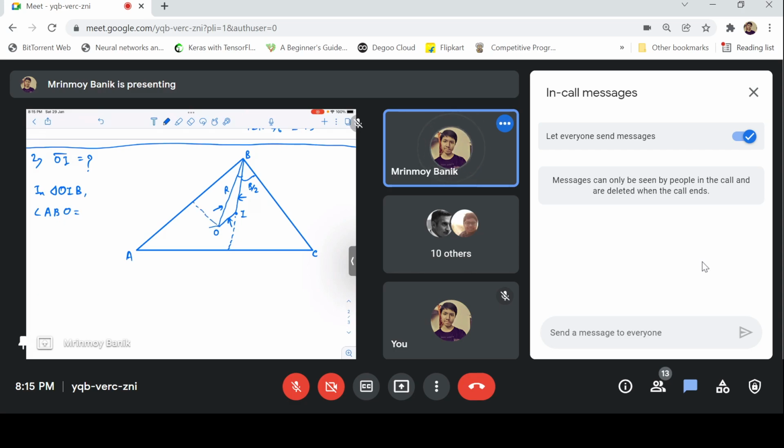This is the circumcenter, so this is the angle at the center. This is twice C, and since this is an isosceles triangle, this is C and this is C. So this is 90 degrees, so this is C dash. So we have pi by 2 minus C.